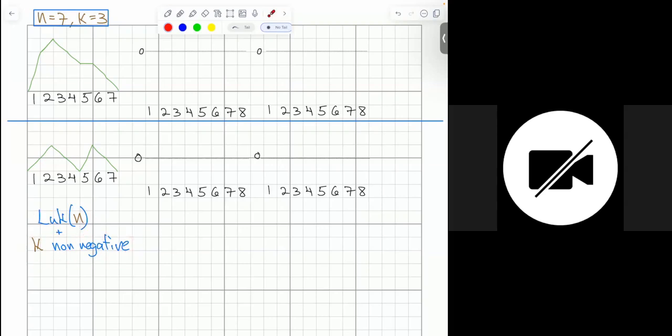So here we focus on n equals 7 and k equals 3, as in the examples we've seen for the bijection before. And for counting these, we need to apply an analogous trick to the one we've seen for the Catalan numbers. But this time, I won't use reflection, but rather a rotation.